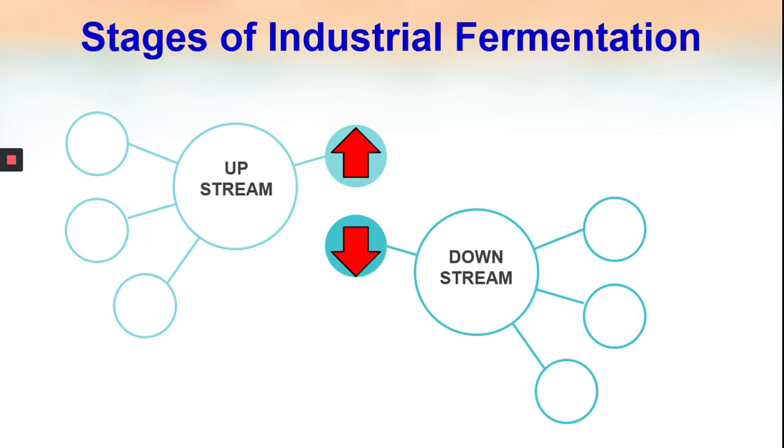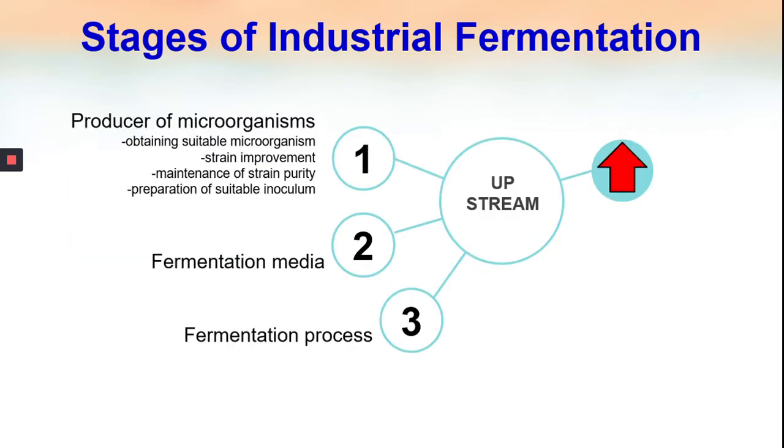Before we can start the fermentation, as you already learned before, there are two main processes involved, which are upstream and downstream. Upstream is basically the preparation involved before we can proceed with the fermentation. The upstream processes are the production of the microorganism or pure active culture, and the formulation of fermentation media.